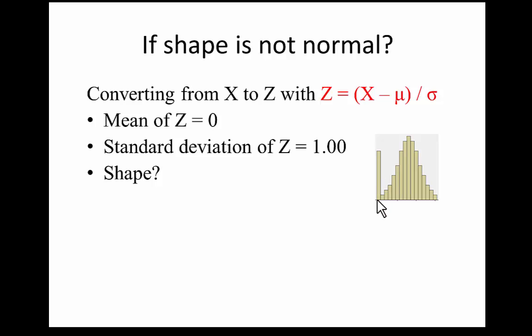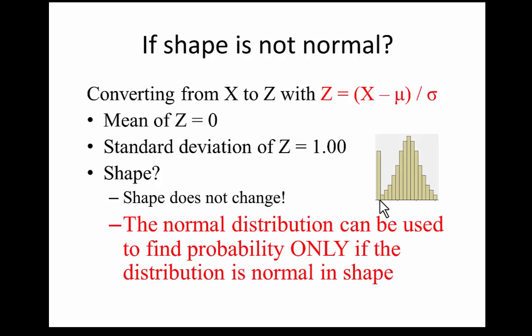If we convert to z-scores, will we have a normal distribution? Well, each of the x-scores in this bump will convert to the same identical z-score, and we'll have a bump of z-scores. So in fact, converting to z-scores does not change the shape. A critically important point to keep in mind is the normal distribution can be used to find probability only if the distribution is normal in shape.